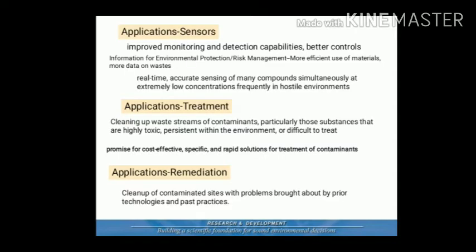Applications: sensor, improved monitoring and detection capabilities, better controls information for environmental protection, risk management, more efficient use of materials, more data on waste, real-time accurate sensing of many compounds simultaneously at extremely low concentrations, frequently in hostile environments.